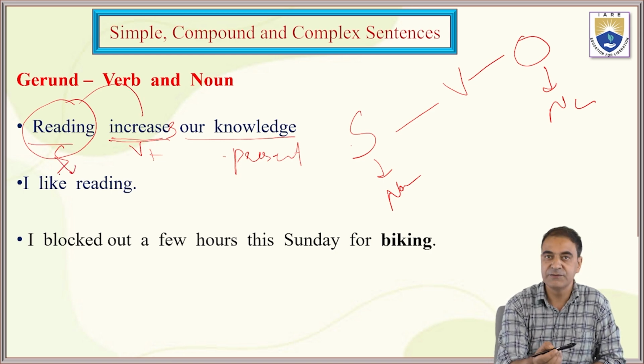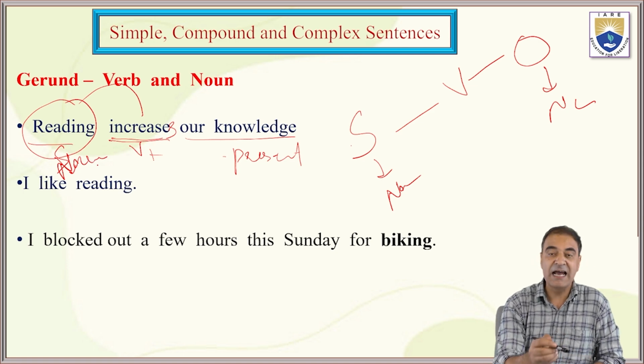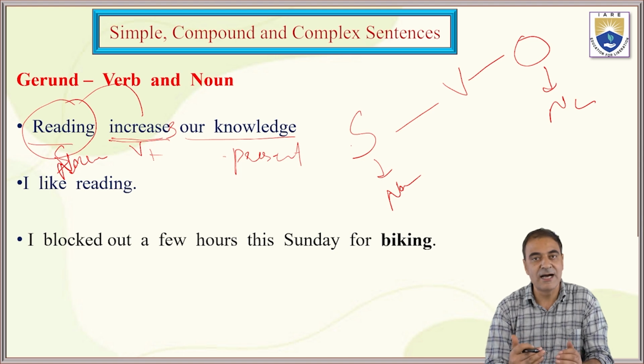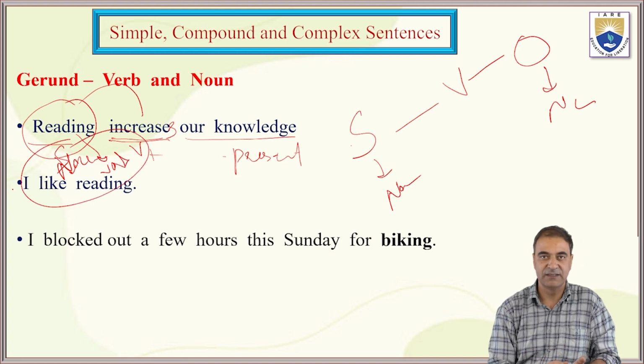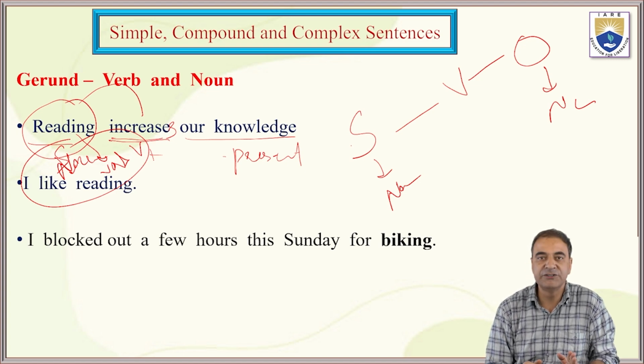Therefore, when it acts as a subject, it surely has the nature of a noun. But at the same time, this reading is derived from a root verb, read. Therefore, it has the force of a verb also. It has the nature of both noun and verb. Therefore, we call it gerund.